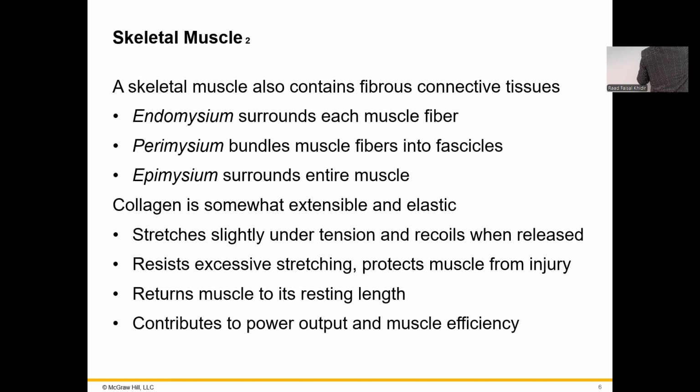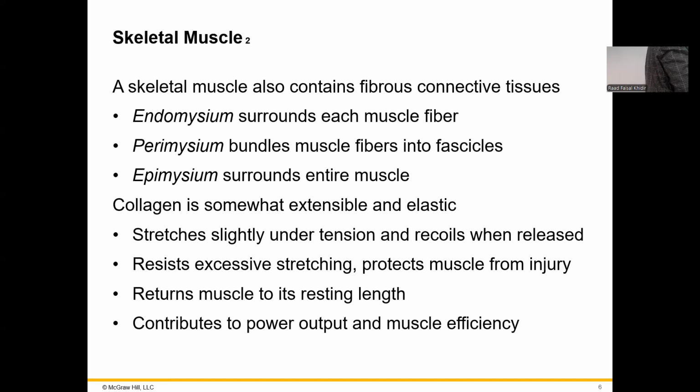That is your endomysium. That's the inner layer. That's the inner fibrous layer around the muscle fiber.